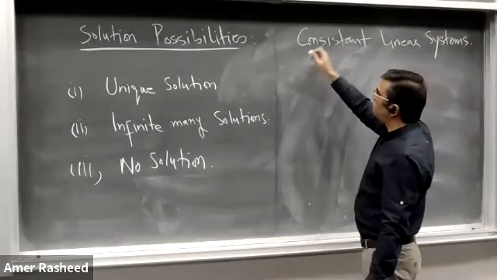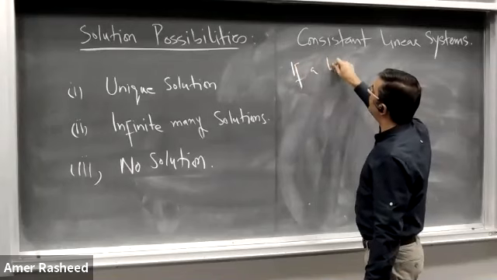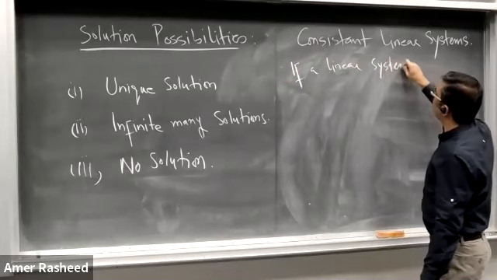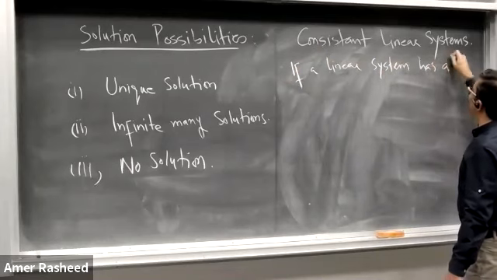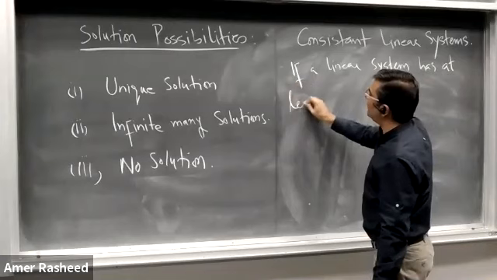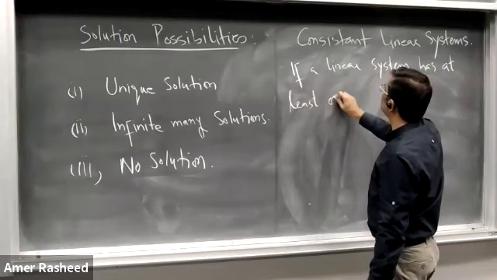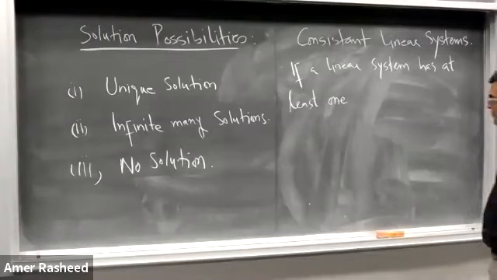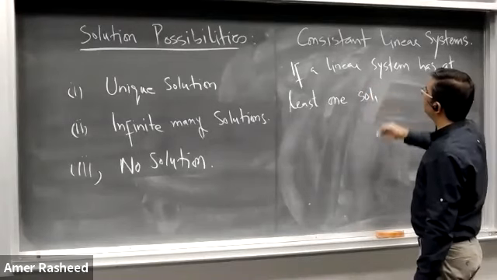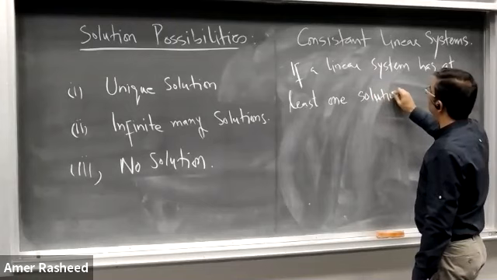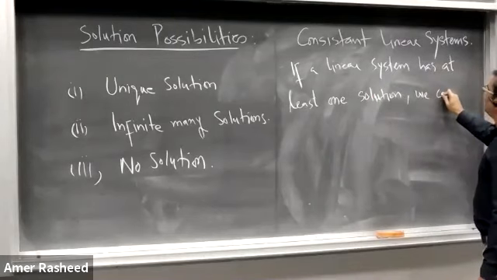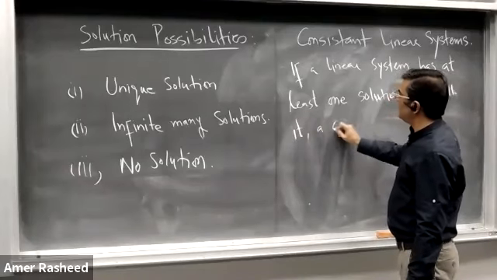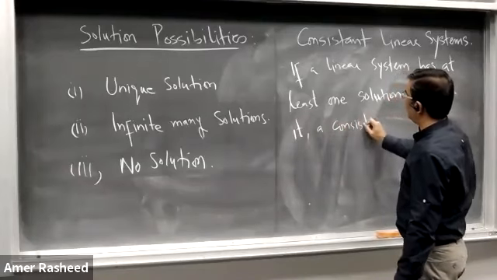If a linear system has at least one solution, meaning it can have one solution or infinitely many solutions, at least one solution, we call it a consistent linear system.